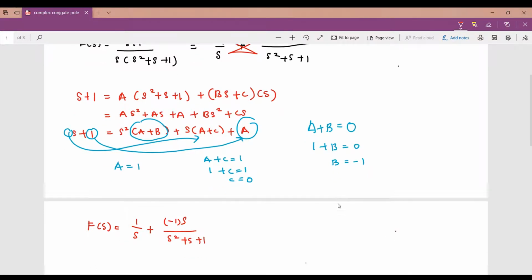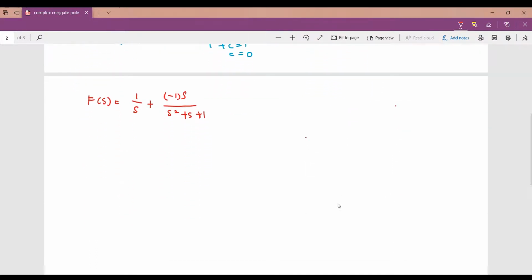Okay, actually this is not a good practice to write this, so I will erase this one, and then I just put it here as negative. Okay, so B is negative 1.